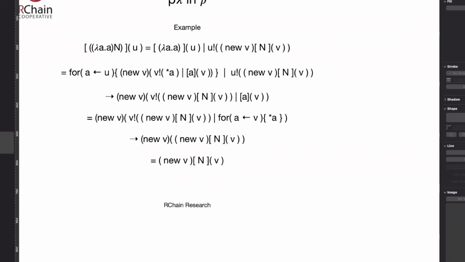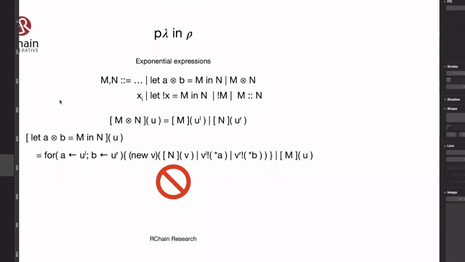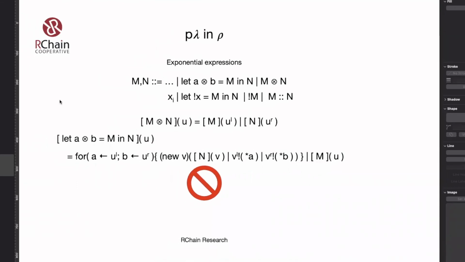Now, where do we want to go? If you recall, the parsimonious lambda calculus has lambda in your affine variables, A, B, and so on, and then you have some tensor expressions, and you have expressions in the exponential variables.